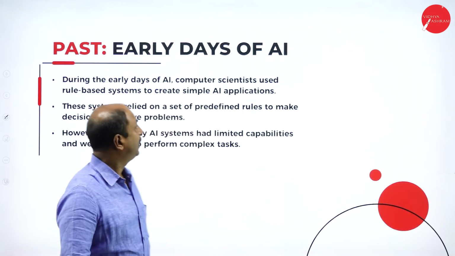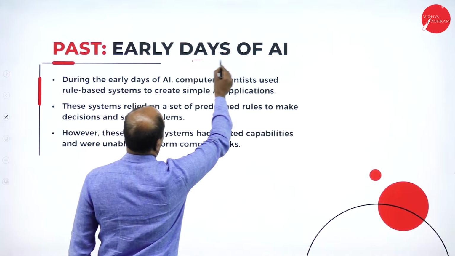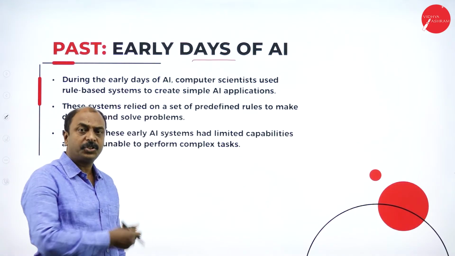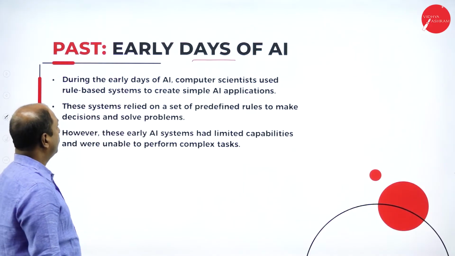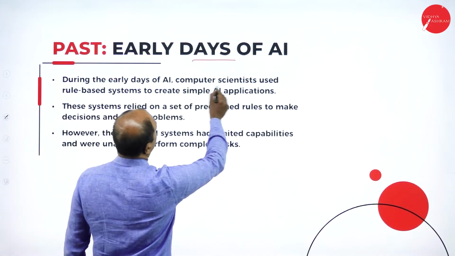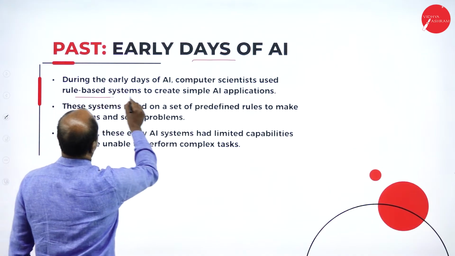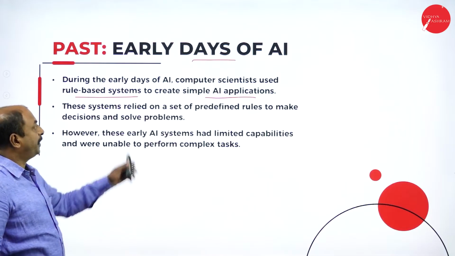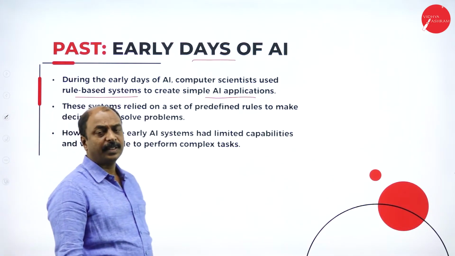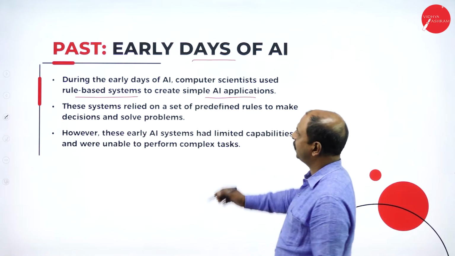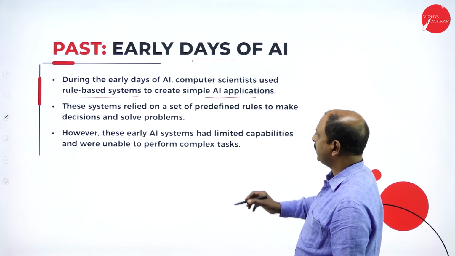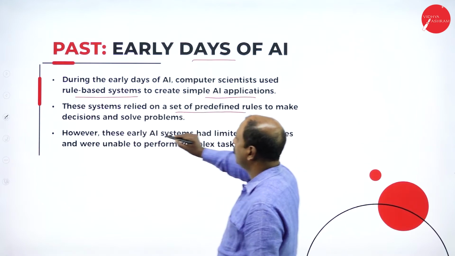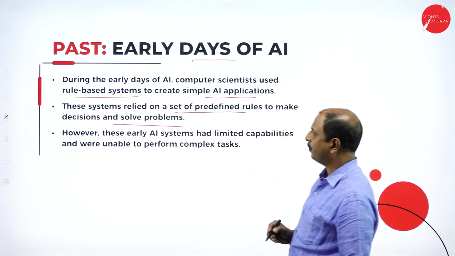Now, the next slide is the past, the early days of AI. So, what are the early days of AI? What we have seen in history, the same thing repeats here. In the early days, computer scientists used rule-based systems to create simple AI applications, based on some conditions or rules. These systems relied on a set of predefined rules to make decisions and solve problems.